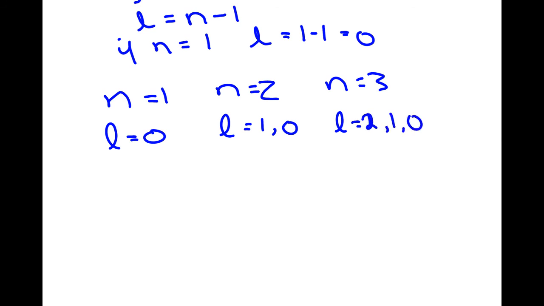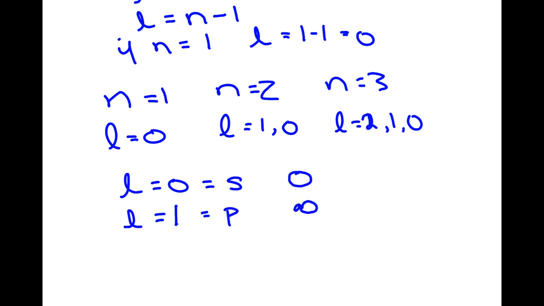Now these numbers for L all represent letters and shapes. So when L is 0, that's the s subshell, and that shape looks like a ball. It's a circle. If L equals 1, then the letter is p, and that's like a dumbbell.